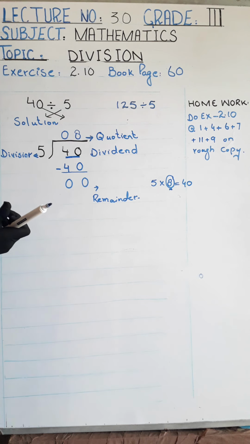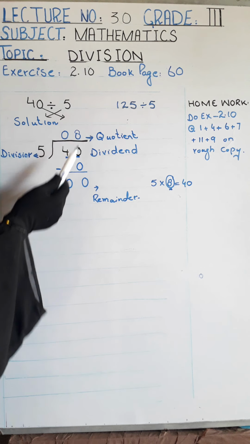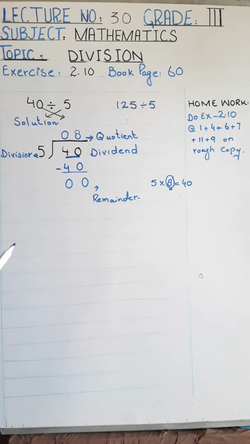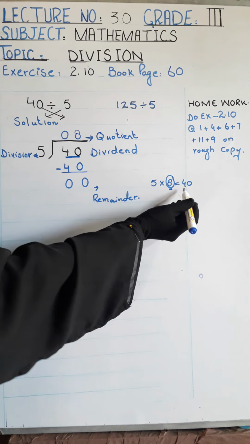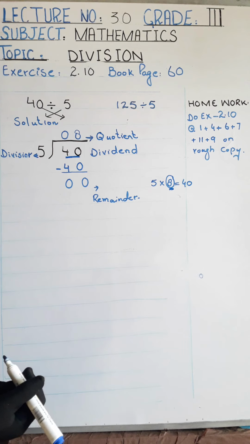Quotient is the answer, the number of times we read the table of 5 to get 40. After this, 5 eights are 40, so 8 is the required number.